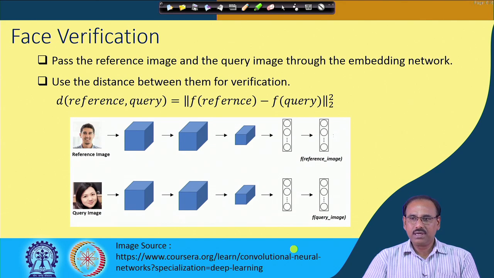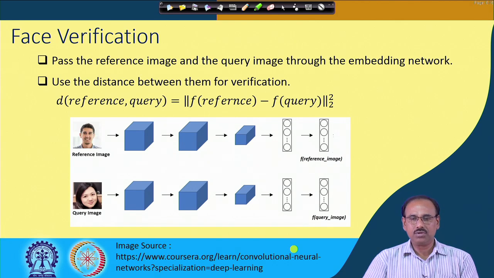Similarly, in case of recognition, I can make use of a KNN classifier. Given an image, you get its embedding, select the k embeddings which are nearest to it, and then you go for a voting mechanism. Within these k embeddings, whichever person is in the majority, you recognize this image to be the image of that person.